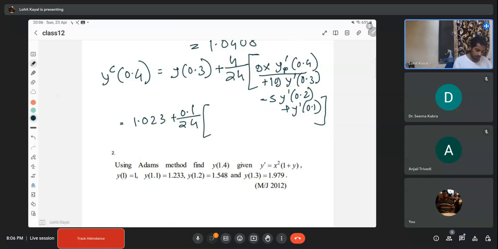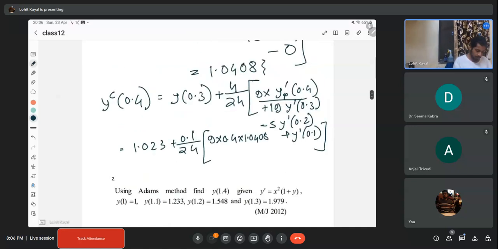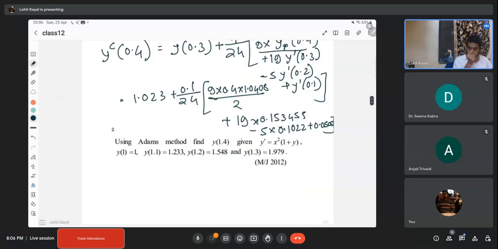We need to calculate this. It will be 9 into 0.4 into 1.0408, which is this term, divided by 2 plus 19 into 0.15345 minus 5 into 0.1022 plus 0.0505. And if you do the calculation, you will find that the final answer is 1.041. Okay, so this will be your final result.